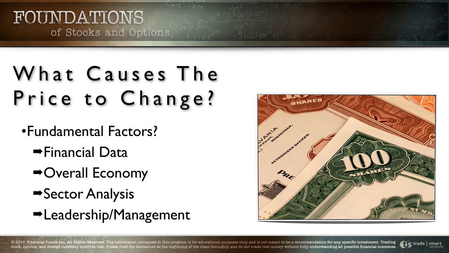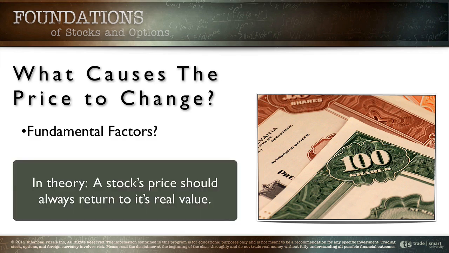All right, well, let's go on a theoretical basis. Let's go in theory here, and I'm going to slow down because I want you to understand what I'm saying. In theory, a stock's price should always return to its real or its intrinsic value. How many of you can agree with that statement?